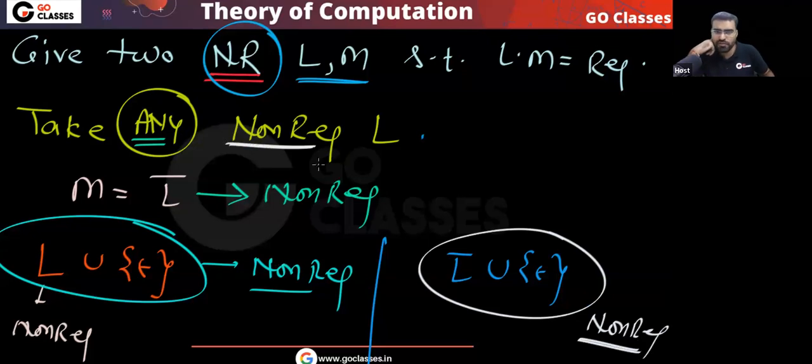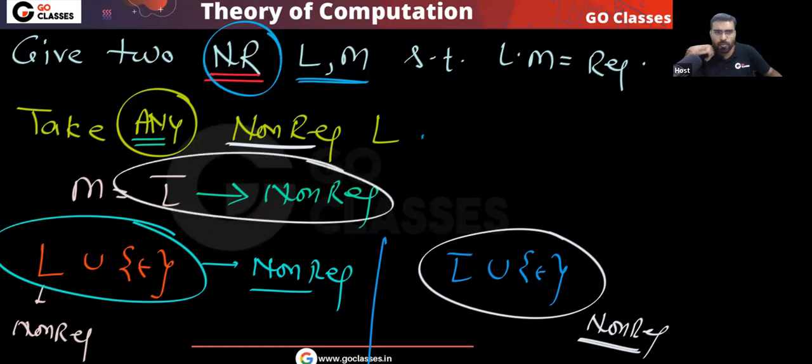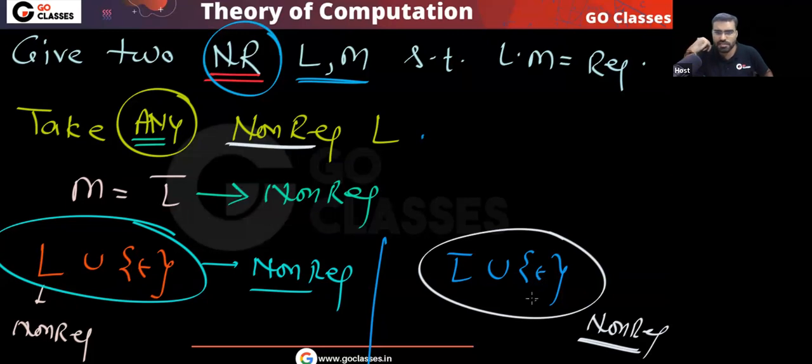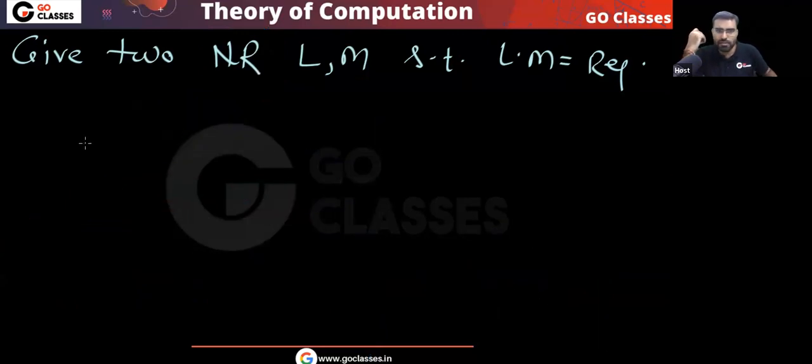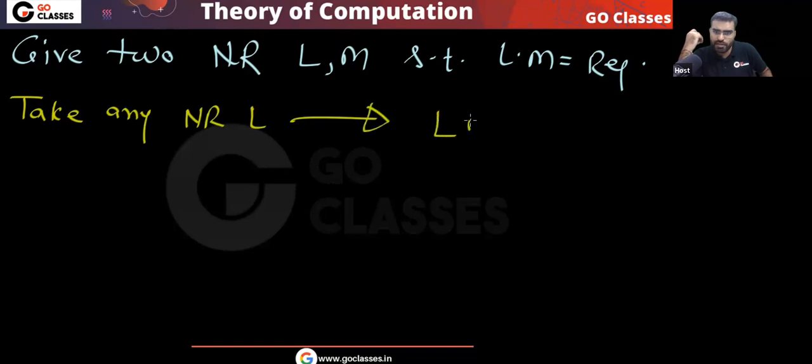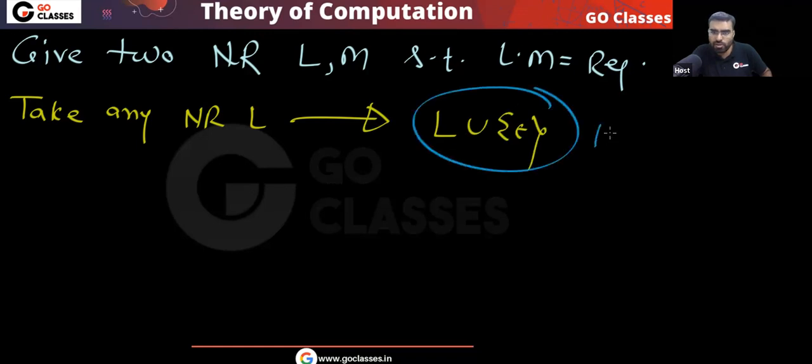See what I am saying? Take any non-regular language L. Just add the empty string to it. Similarly, you take this L complement, which is also non-regular, and in this also you add the empty string. We are only adding one string, so this also will be non-regular.